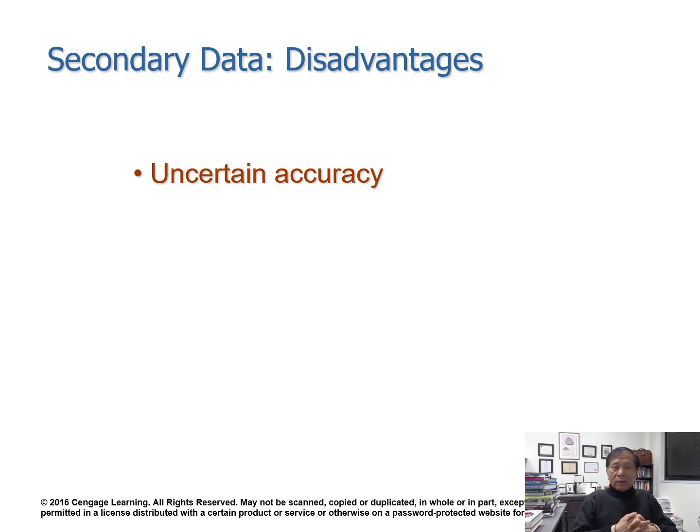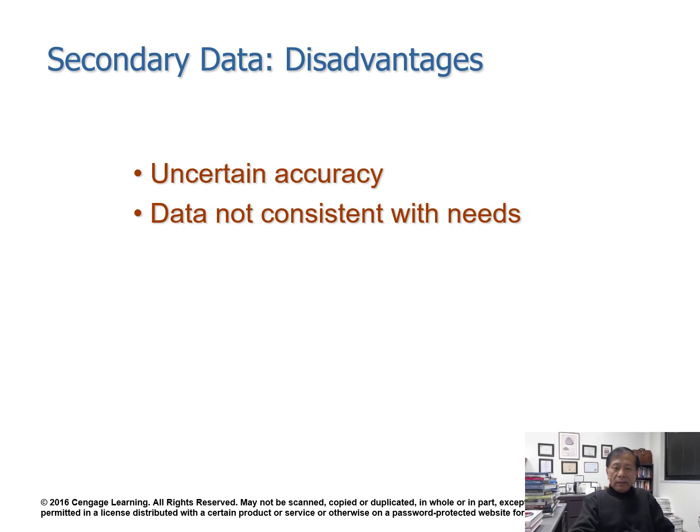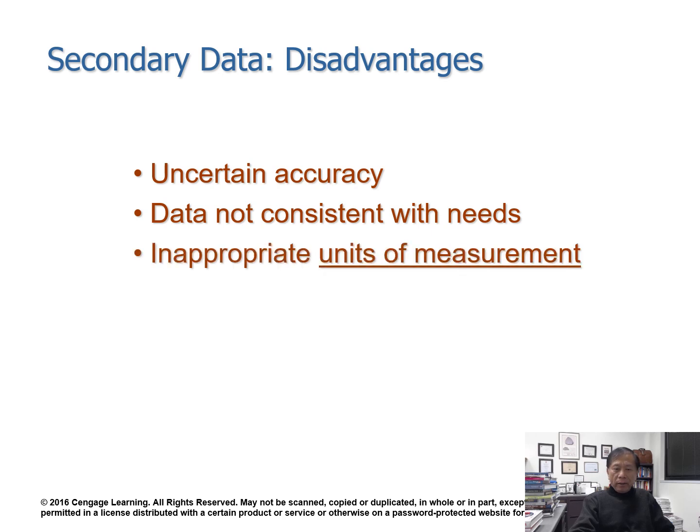Did they have proper training or good experience, and follow the procedures well? You know nothing about it. And the data may not be consistent with what you need. That's another problem.